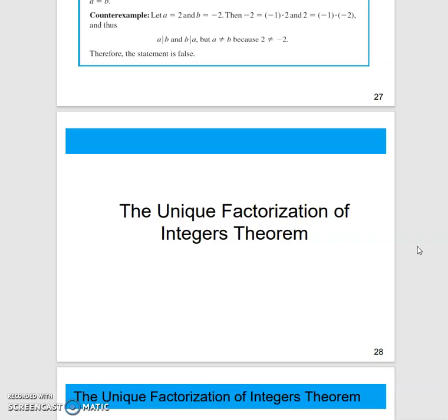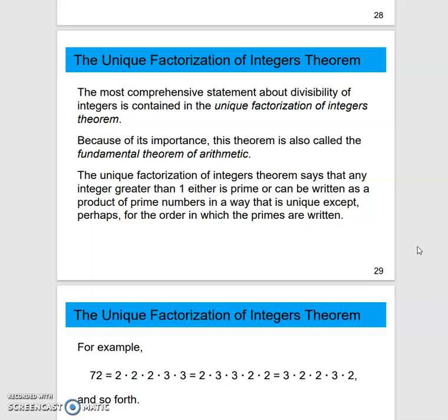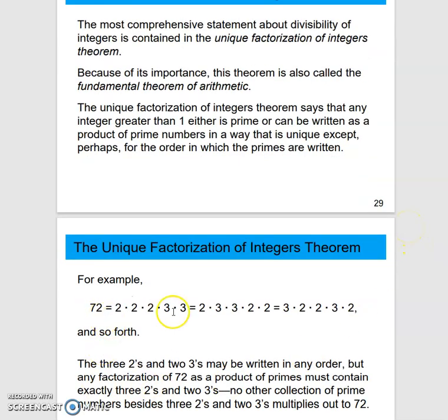Let's talk about the unique factorization of integers, because that's a pretty big deal. You may have heard this in a previous math class, but every integer, we can write as a series of prime numbers that are multiplied together. So here's how we could write 72.